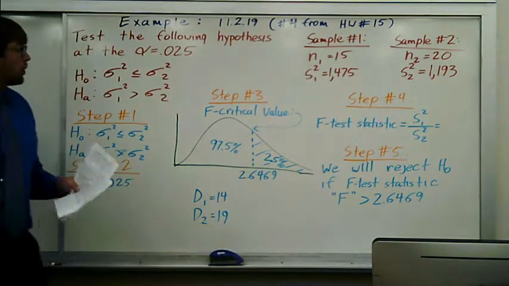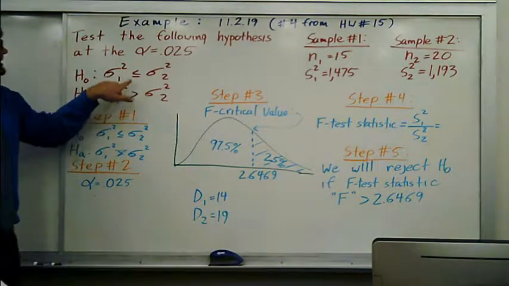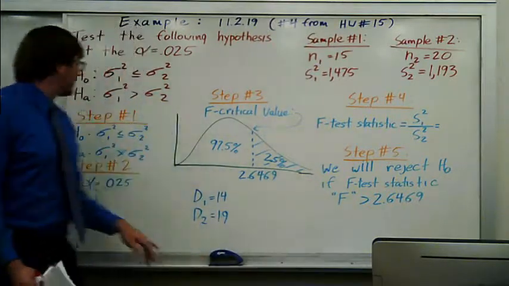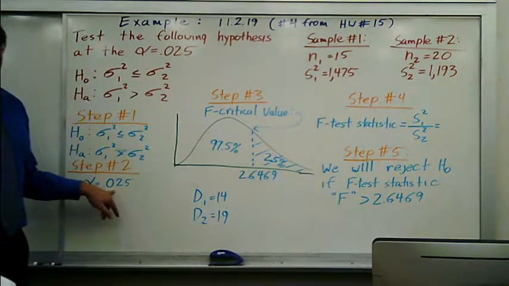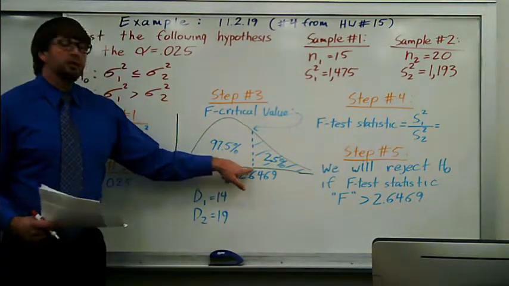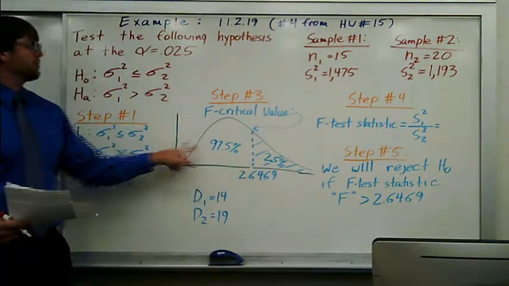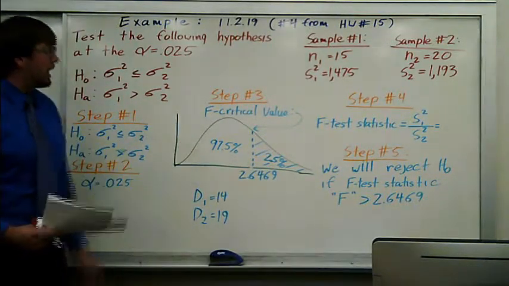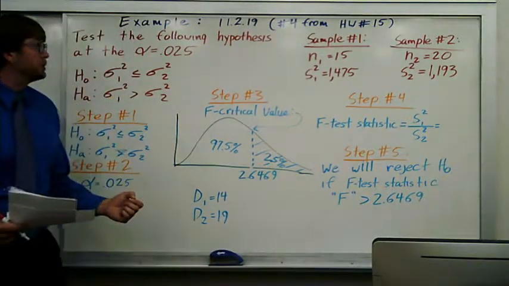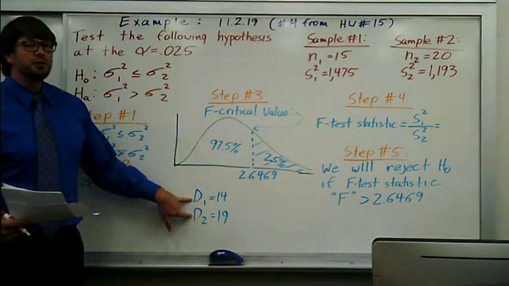Alright, so our F critical value, well let's see, based on our null and alternative hypotheses, we're going to have a right tail test. So because we're testing this at the 0.025 significance level, that means we want to figure out the critical value so that 2.5% of the area is to the right or 97.5% of the area is to the left. So once again, those critical values on this F distribution are based on 2 degrees of freedom, or D1 and D2.